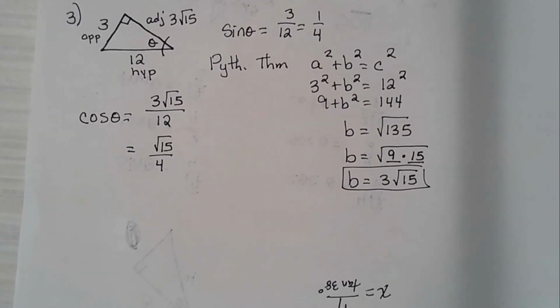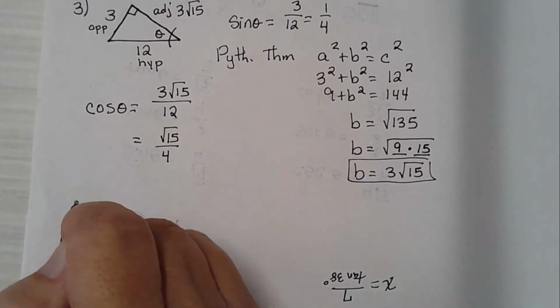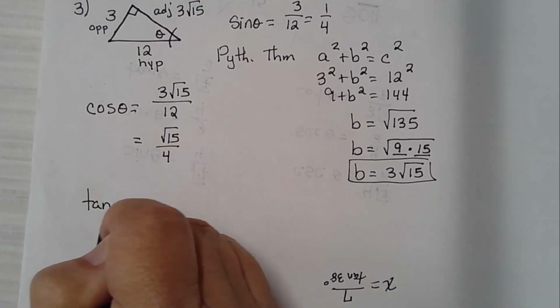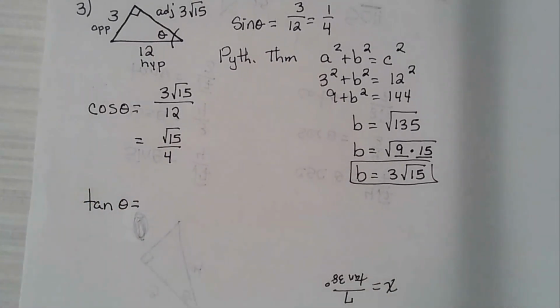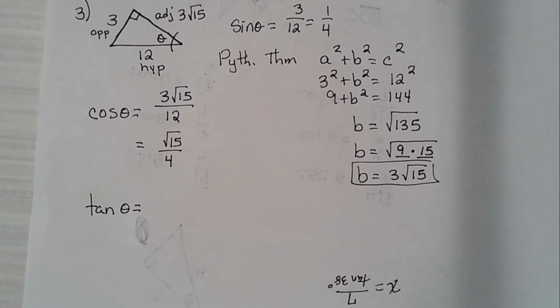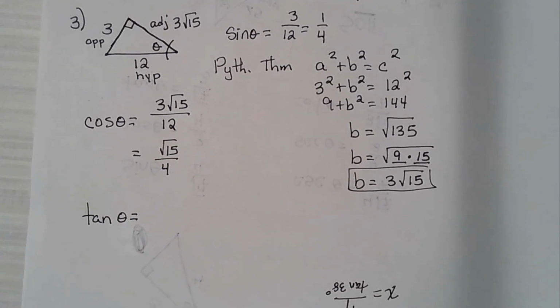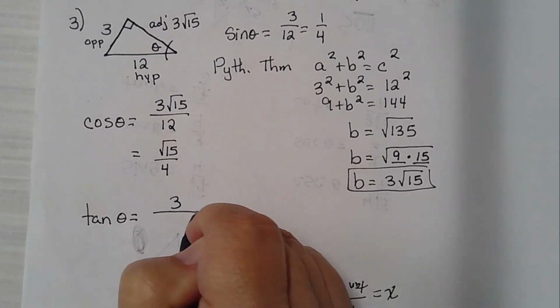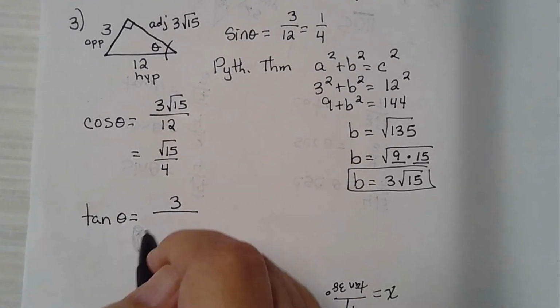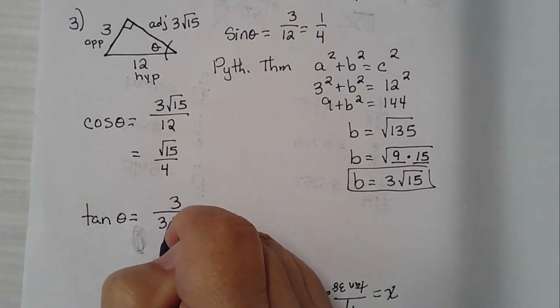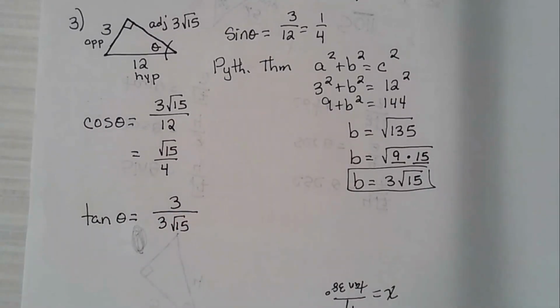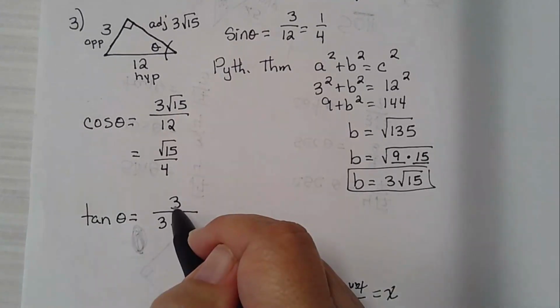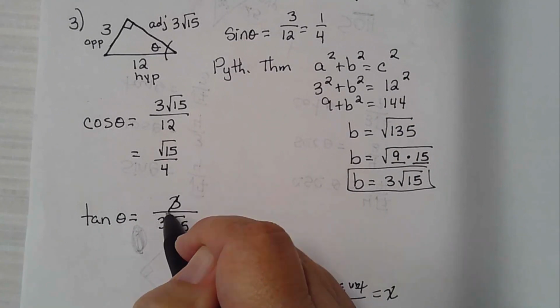And then we're going to move on to tangent of theta. Tangent is opposite over adjacent. So the opposite is 3, and adjacent is 3 times the square root of 15. And again, we need to simplify. So 3 and 3 are both divisible by 3.